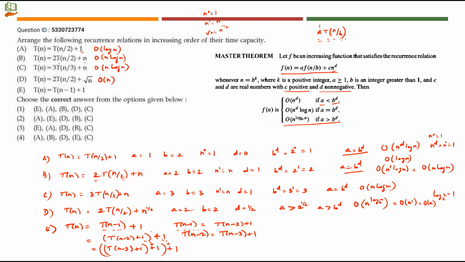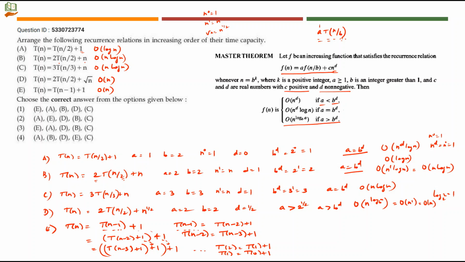This is how we will be taking, and ultimately you will come to a place where T of 2 is equal to T of 1 plus 1 and T of 1 is equal to T of 0 plus 1. You are going for n number of terms. So in this case we can take this as big O of n. So you are not multiplying anything, you are just working with n number of terms.